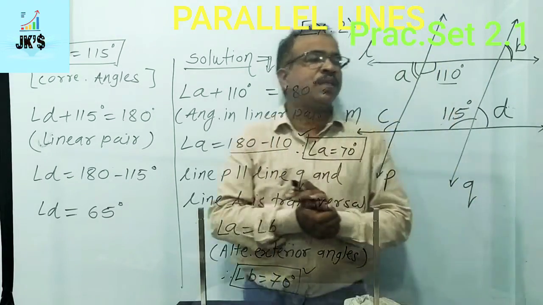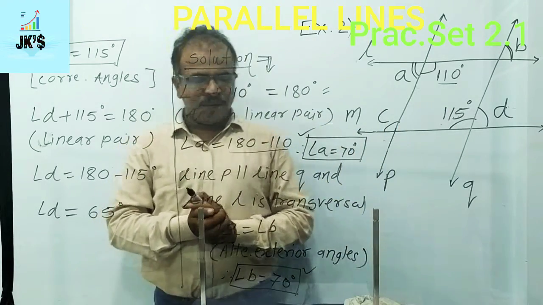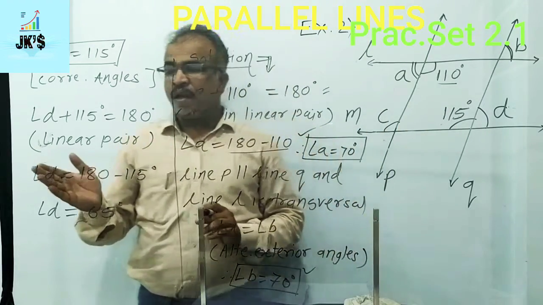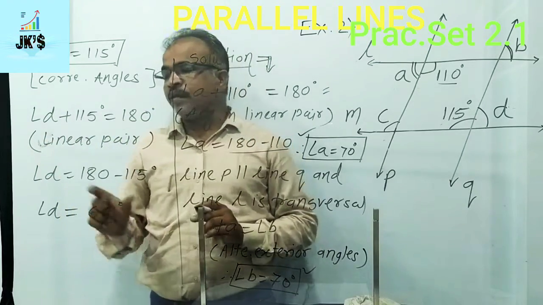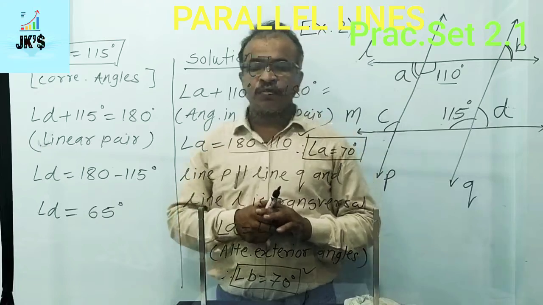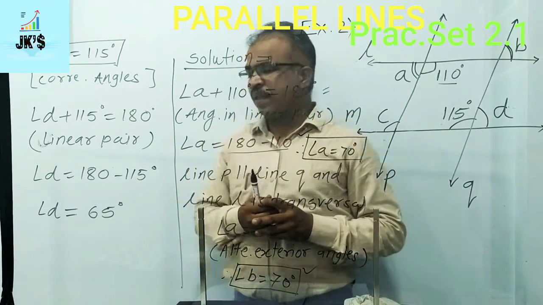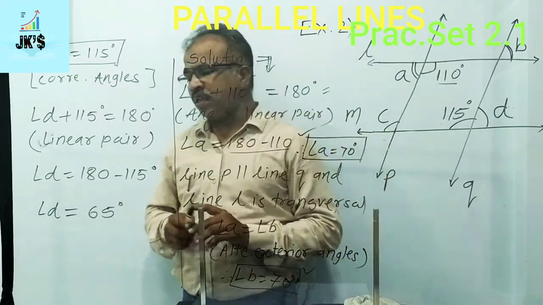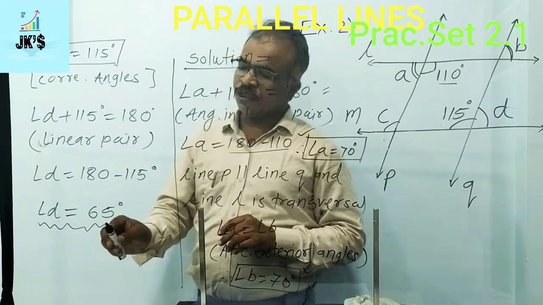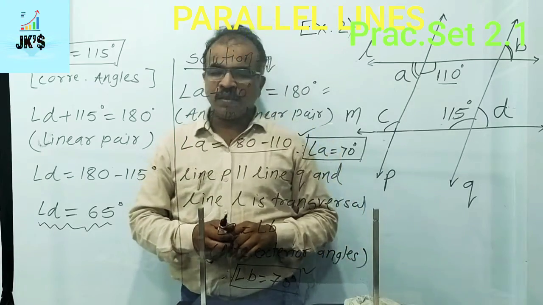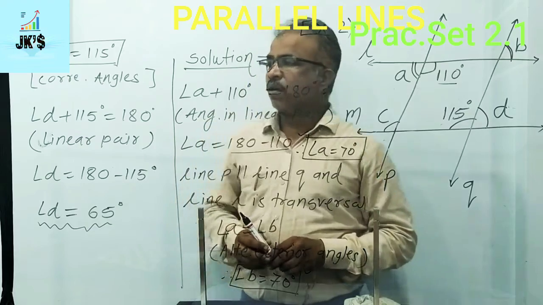So their sum is 180. Angle D plus 115 equals 180, angles in linear pair. Angle D equals 180 minus 115. Then angle D equals 65. In this way, the first question gets complete.